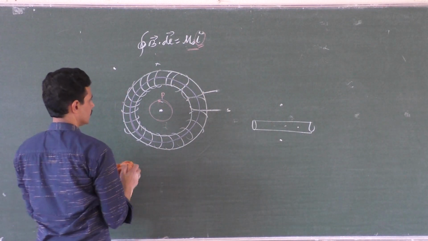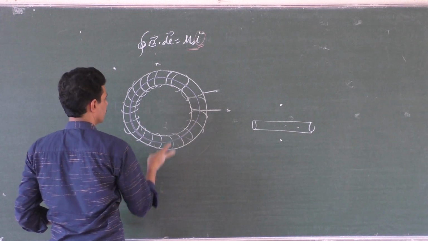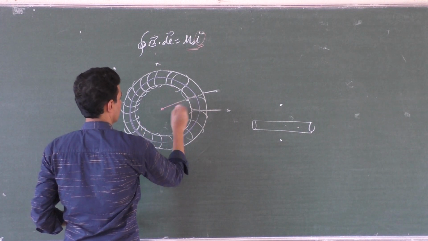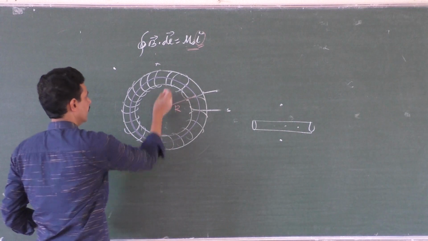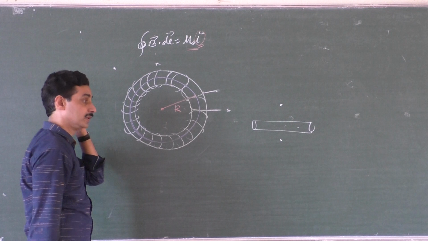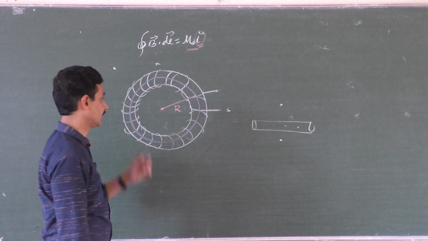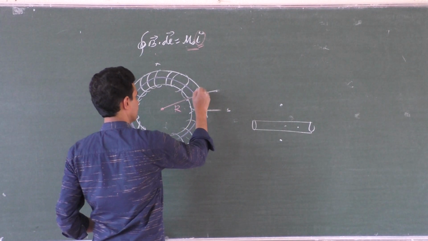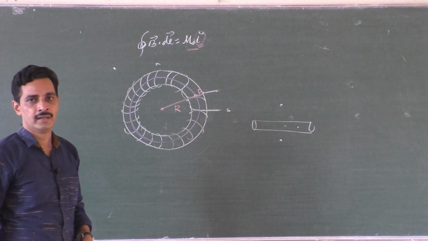Now enclose a point here. Suppose this is a toroid of radius r. Now imagine a circular Amperean loop inside the toroid of radius r. If I want to find out the magnetic field here, there should be a magnetic field there. Now how to find it out?